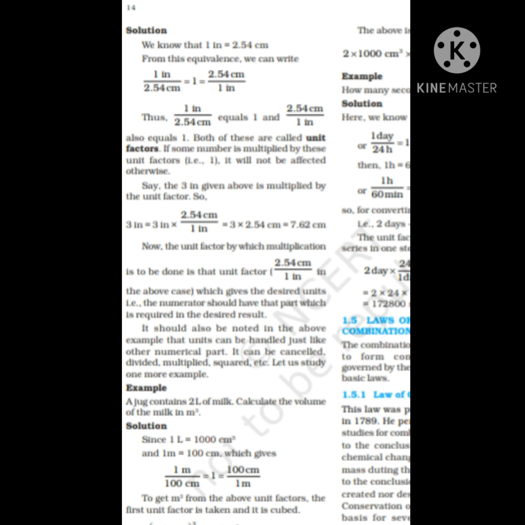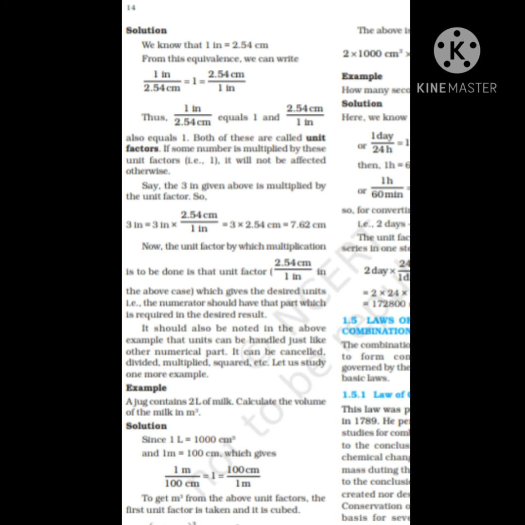Now, the 3 inches given above is multiplied by the unit factor. Then 3 inches equals 3 inches multiplied by 2.54 centimeters by 1 inch equals 3 into 2.54 centimeters. Then basic operations are applied to give the answer.